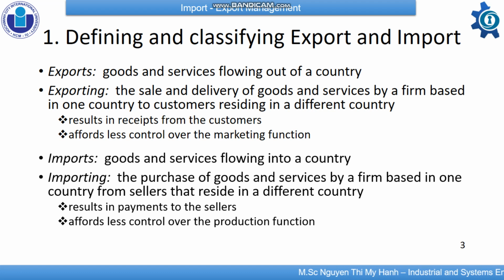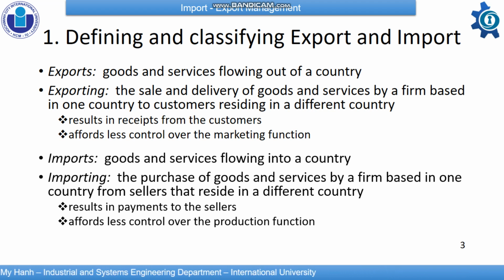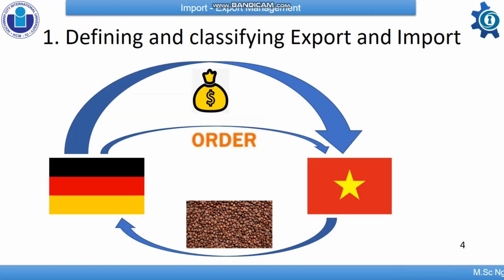When we import, it is the purchase of goods and services by a firm based in one country from the seller. The seller will reside in a different country, and it results in payments to the sellers. And when we import, we will have less control over the production function. Let me give you an example.